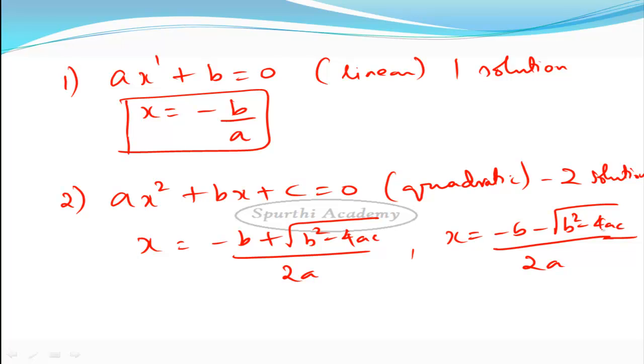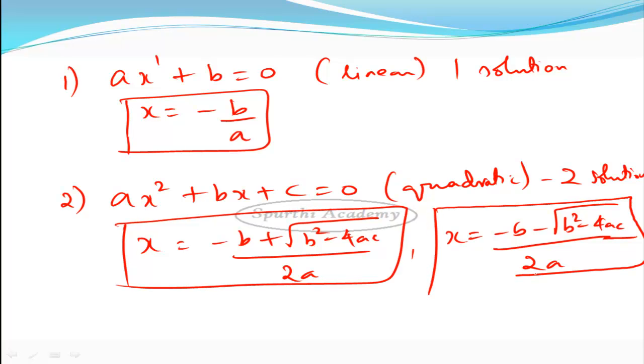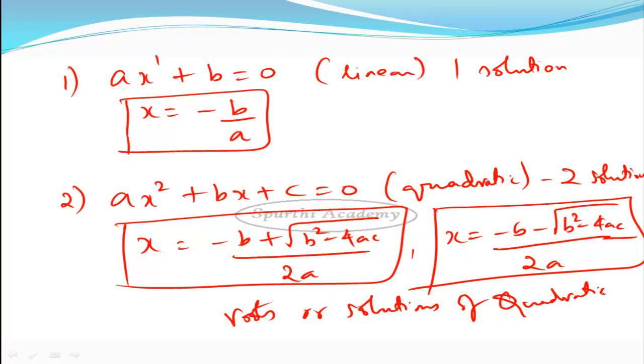So these two are nothing but the roots or the solutions of the quadratic equation. So what is a quadratic equation? It is ax square plus bx plus c is equal to 0.